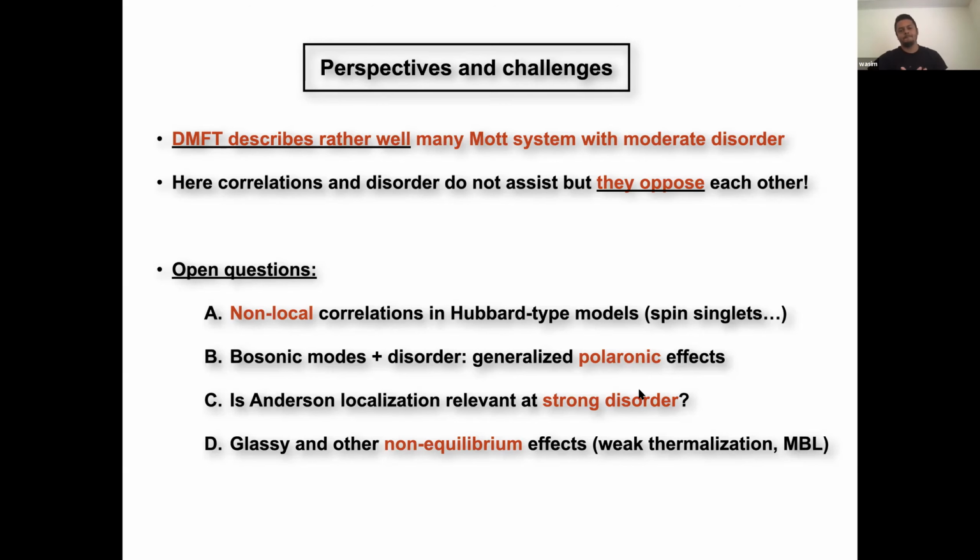Now, I wanted to mention something I'm actually working on. In phosphorus-doped silicon, it's difficult to control the positions of atoms. They cook these samples, they melt them, and the phosphorus atoms are completely randomly placed in the silicon lattice.